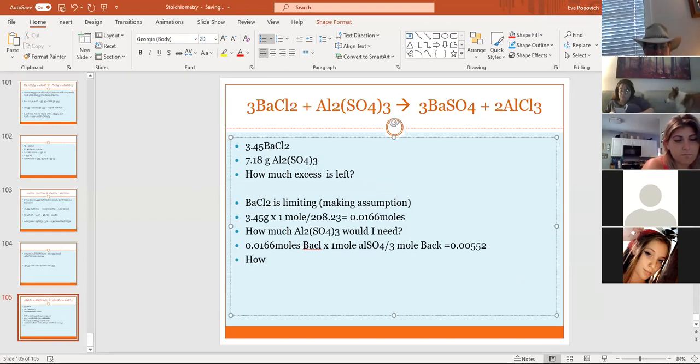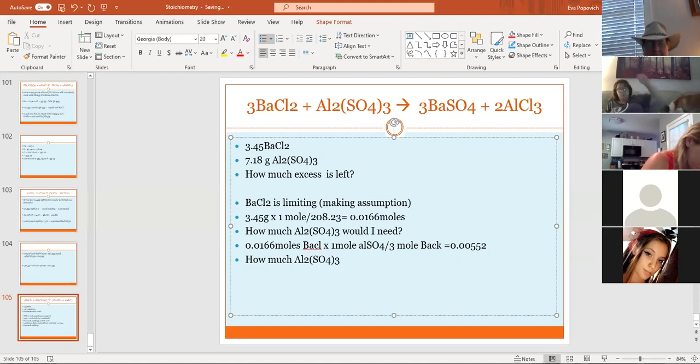How much do I have? You have 7.18 grams. I need to convert it to moles though, don't I? Yeah. I got 342.15 for the molecular weight.